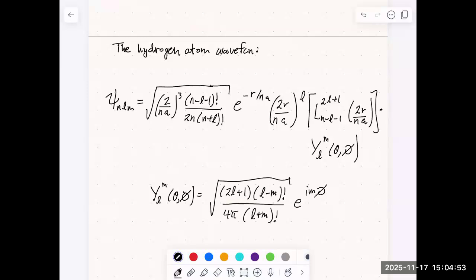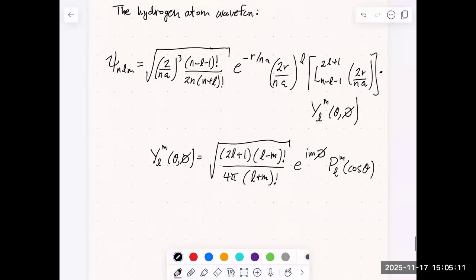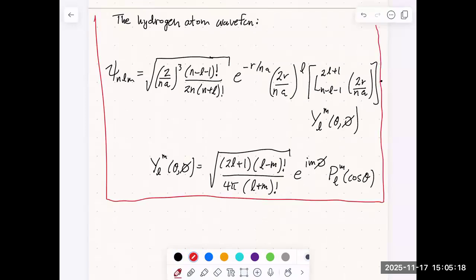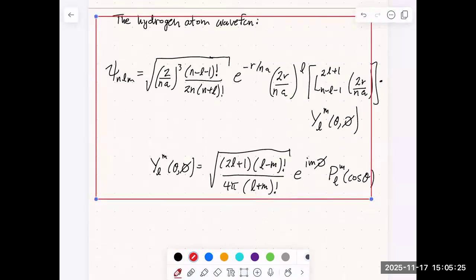So the quantization of m was requiring e to the im phi and e to the im (phi plus 2 pi) being equal. And then we have our associated Legendre functions. Okay, so that's the big solution. We did it. We worked through it all. Let's see if I can make this box here. Yep. All right, good.